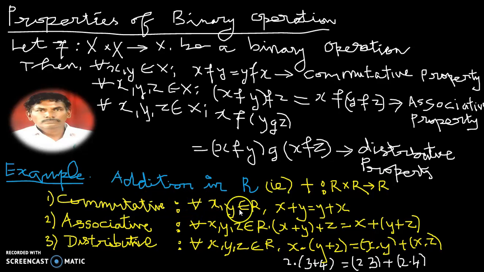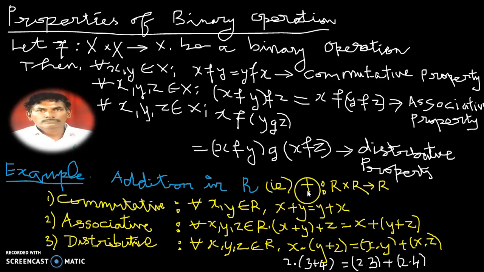Now for all x, y belongs to R, the set of real numbers, that is any two numbers, it satisfies this particular property, that is x plus y equals y plus x. True, am I correct? Take for example numbers 2 and 5, which belong to R. What you see here, 2 plus 5 is equal to 5 plus 2, both sides you get 7.